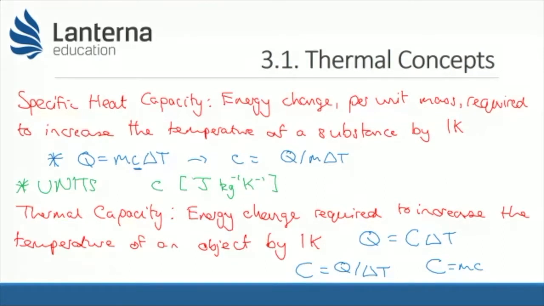But then my energy given out is going to be in joules. So this is going to be related to my Q, and this is going to be related to my m. So if instead I had kilojoules per kilogram per Kelvin, my energy would be in kilojoules. And if this said joules per gram per Kelvin, I would need a mass in grams. So make sure c, Q, and m all match. So let's just make a note of that. So c, Q, m must match. Because otherwise you could do the correct physics but lose a mark unnecessarily just because you've been a little bit careless with your units.